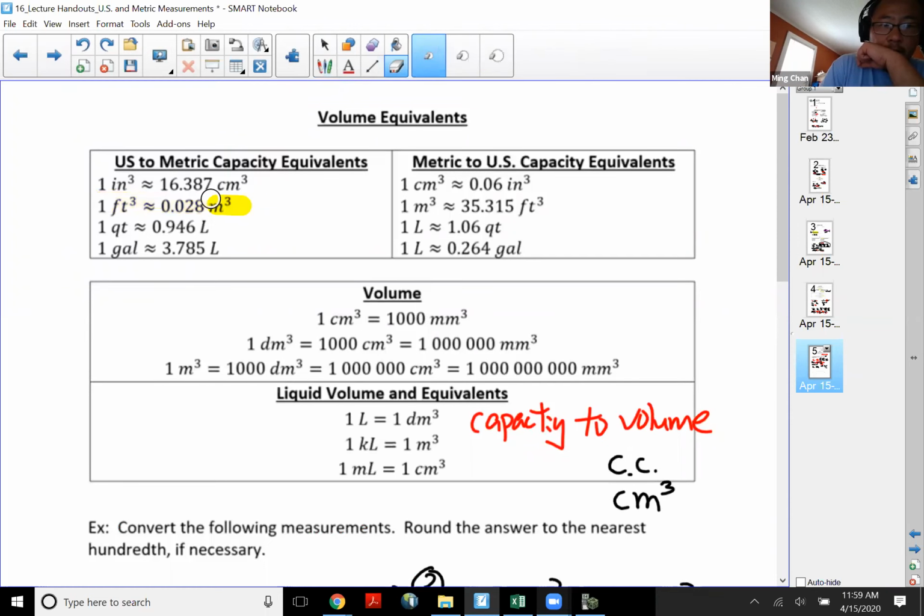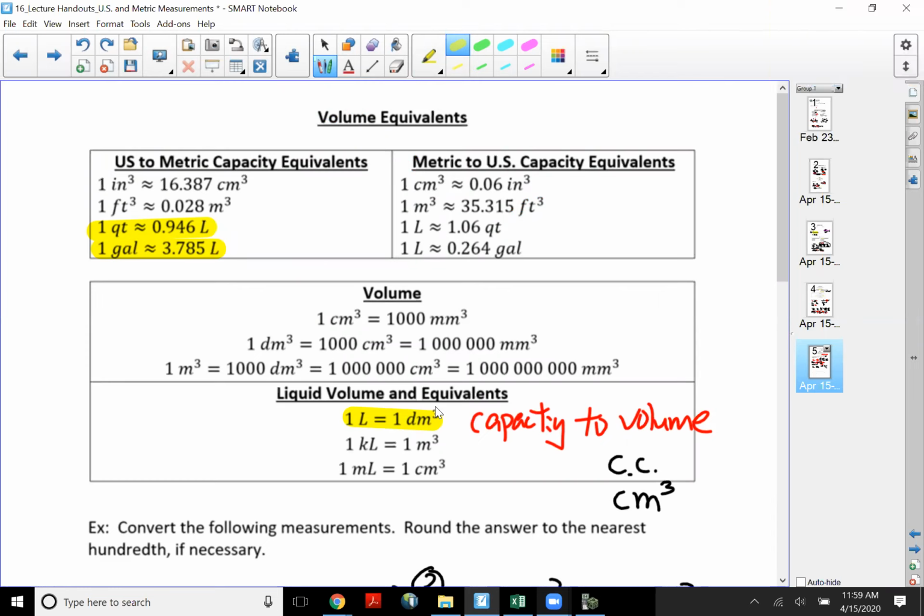I'm going to highlight a couple of things here. Okay, I can go from capacity to capacity, which is liter, quart to liter, gallon to liter. Or I can use this one. Why would I want to use that one? Smallest number.